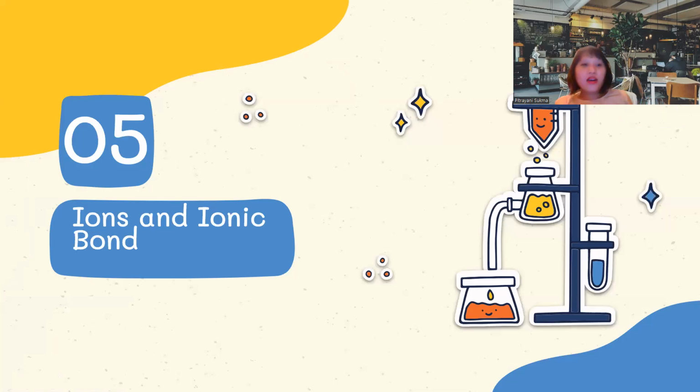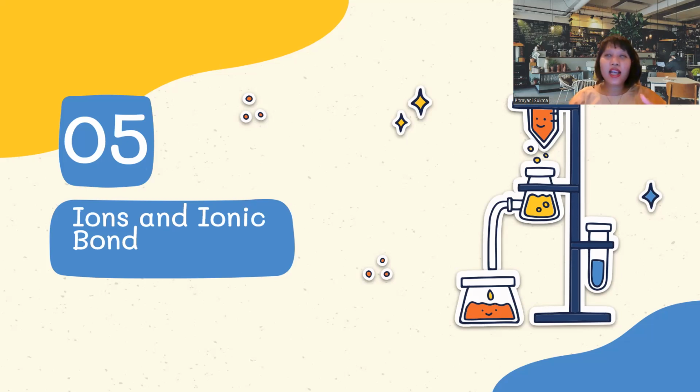Okay, so we go to ions and ionic bonding. So what is an ion? An ion is basically an atom that loses or gains electrons. When they don't lose or gain electrons, they have zero charge.